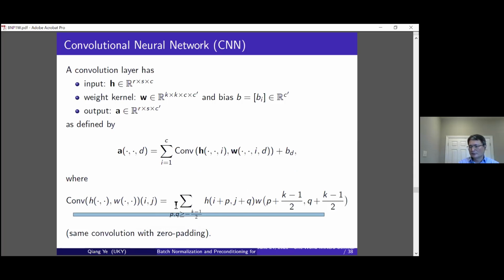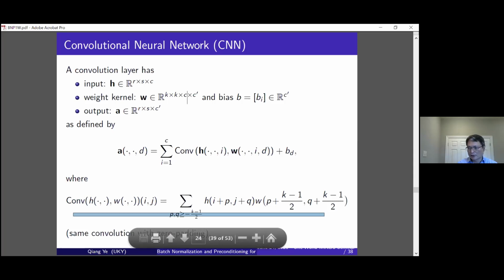This is slightly different from the definition in math. In math, the convolution usually has the indices reversed, but in neural networks, the indices just go in the same direction. And also with zero padding.